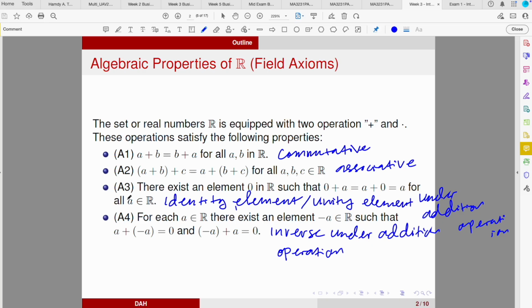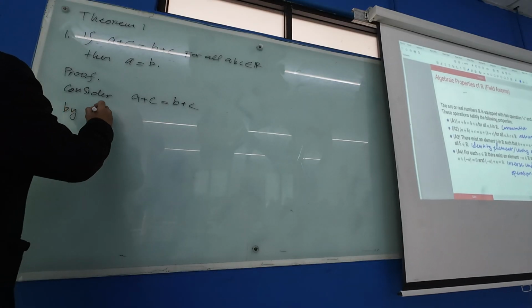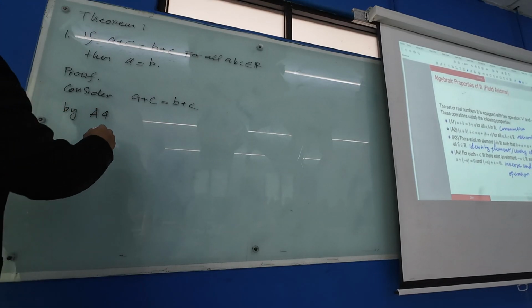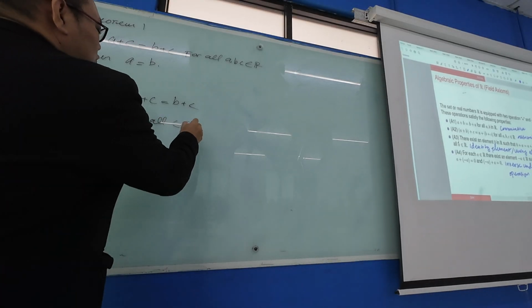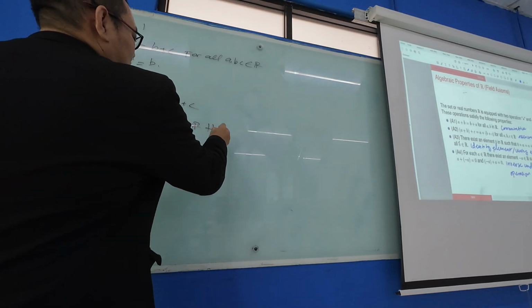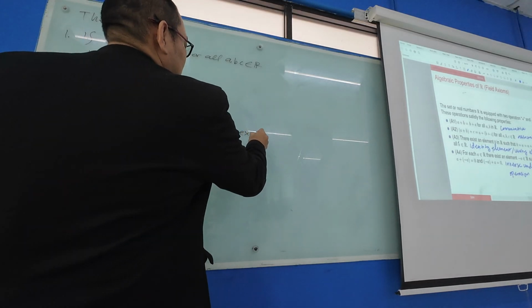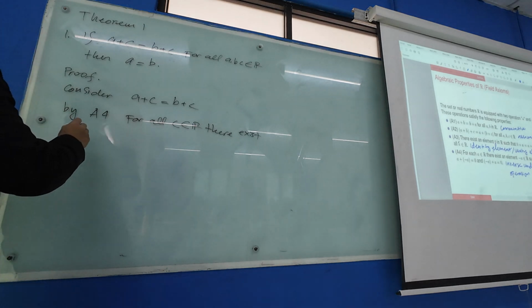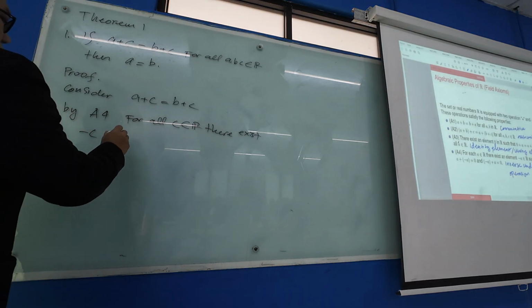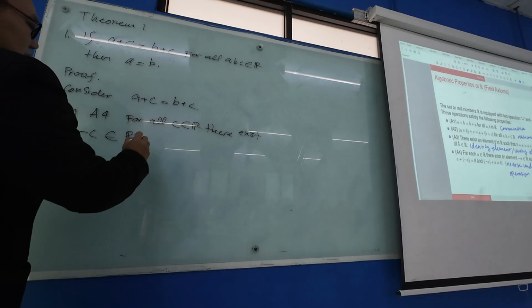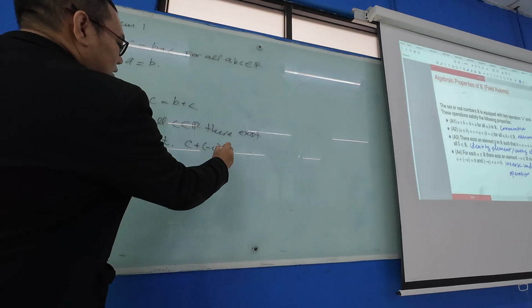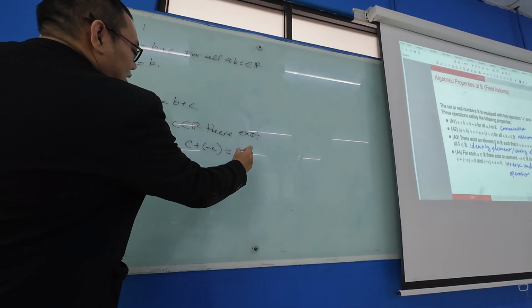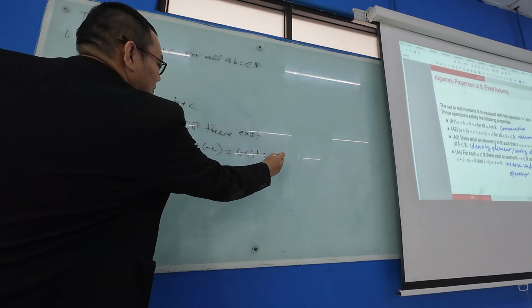So by axiom number 4, for all C belonging to the real numbers, there exists minus C belonging to the real numbers, such that C plus minus C equals minus C plus C equals 0.